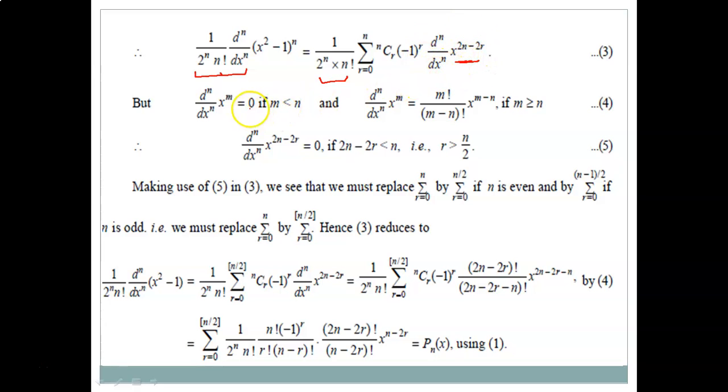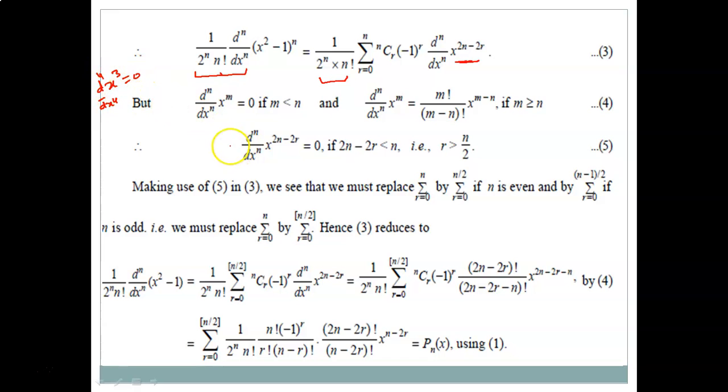The nth derivative of x raised to power m equals 0 if m is less than n. You can easily see: suppose I have x cube and I take the fourth derivative, of course it will give you 0, because here m, which is 3, is less than n, that is 4.